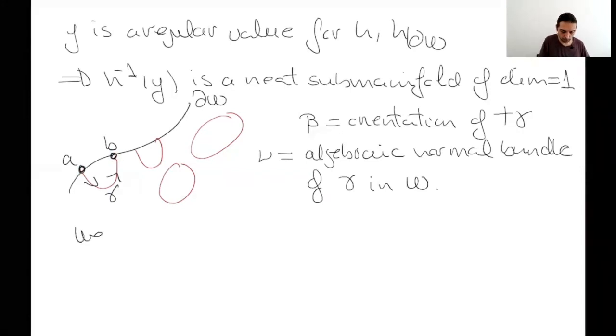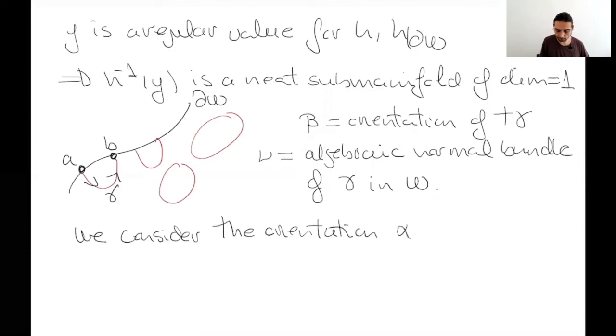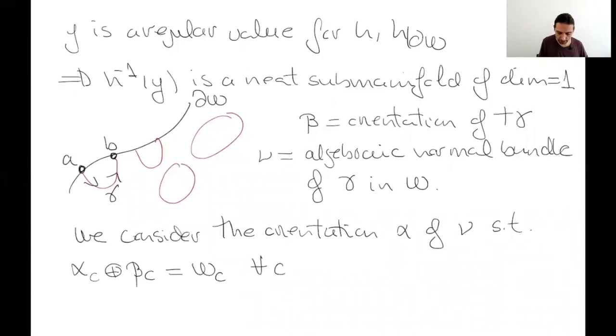Indeed, we consider the orientation alpha of this algebraic normal bundle such that alpha c direct sum with beta c is equal to omega c, omega being the orientation of W, for every c in gamma.